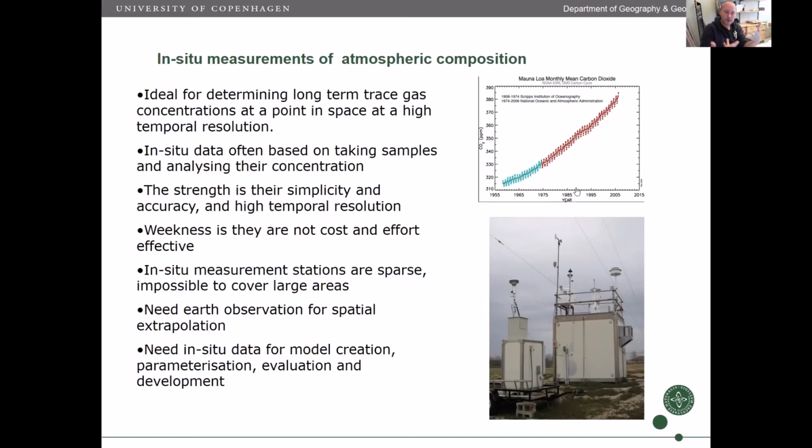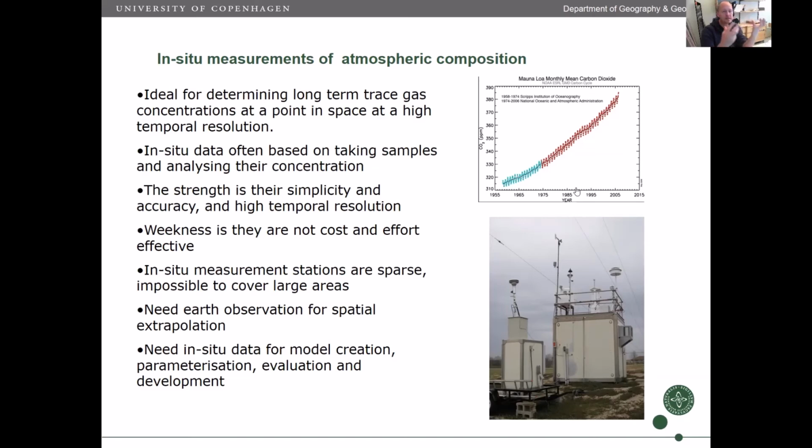And one way of keeping track of this is to do in situ measurements of the concentrations of these trace gases in the air. What we do is take an air sample and put this air sample through a gas chromatograph or an infrared radiation sensor, and then we can estimate the exact concentration of the trace gas in that air sample.